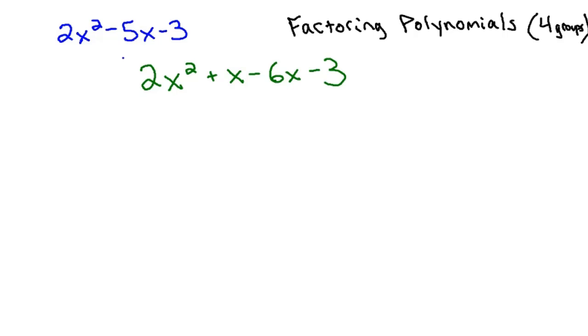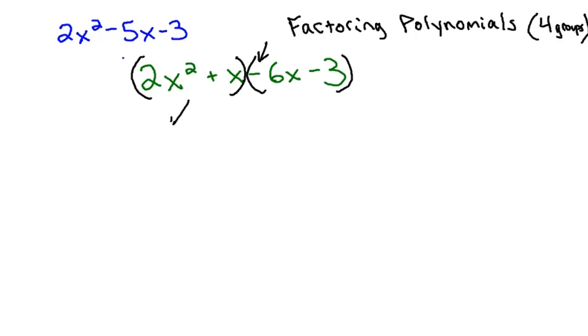This 2x squared plus x minus 6x minus 3. Now, this is actually a lot easier than it looks, because all you have to do is draw parentheses around the first two groups of numbers and draw parentheses around the last two groups of numbers. And don't forget to include that negative sign in there when you draw the parentheses.